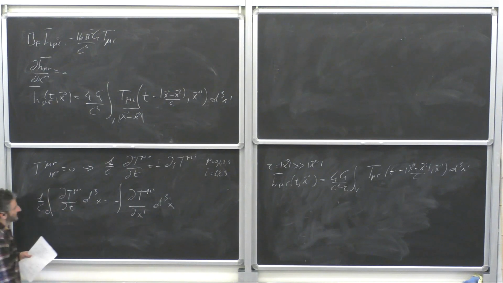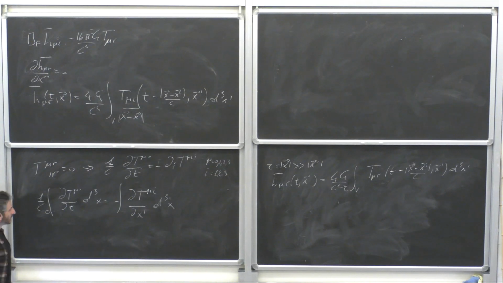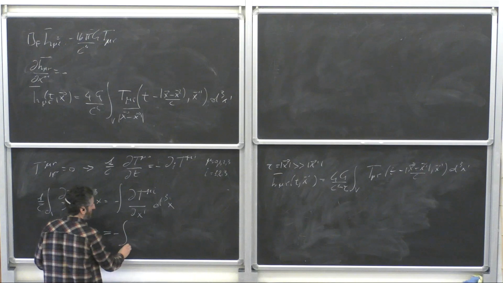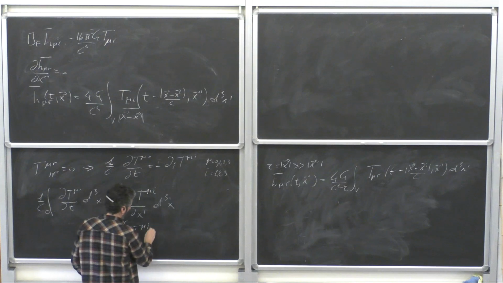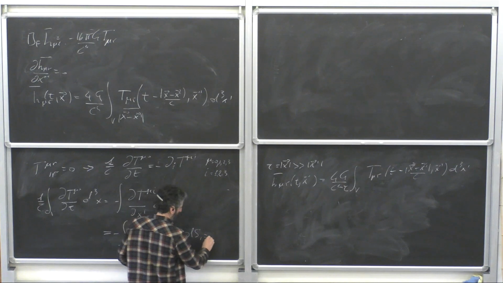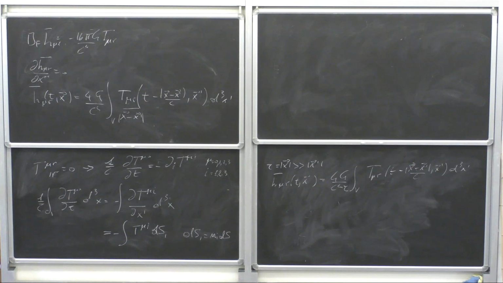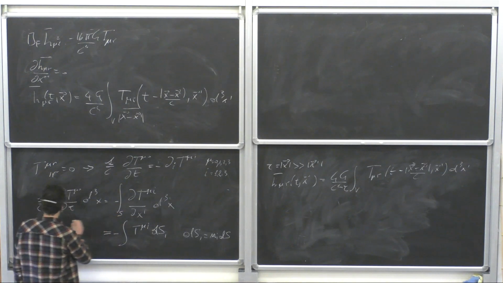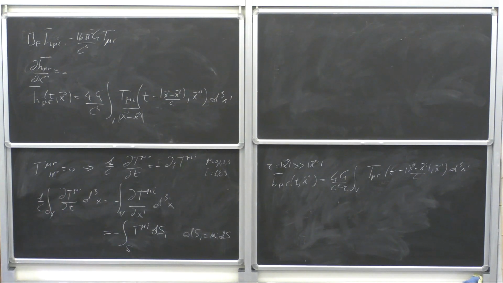Then you can use the divergence theorem, for which this is equal to minus the divergence of this guy here, and you can write this as T mu i dS_i, where dS_i is n_i dS, the infinitesimal surface element, and n_i is the vector orthogonal to the surface.